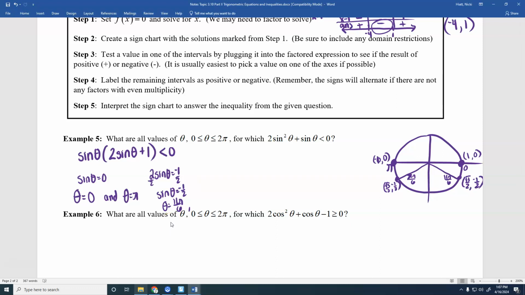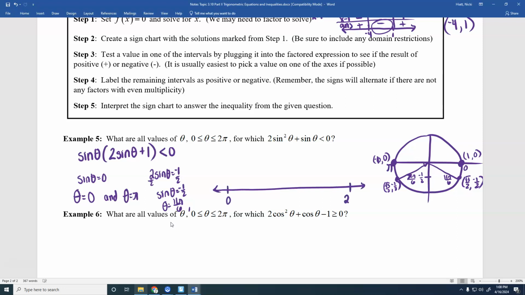All right. And if I wanted to, right here on that y-axis, this is where y equals negative 1/2, right? And then this is where my y equals 0. That might come in handy here in a minute because we're going to do something a little bit weird. So these are my test points that go on my sine line. So my number line that I'm going to put right here, I want to start at 0.